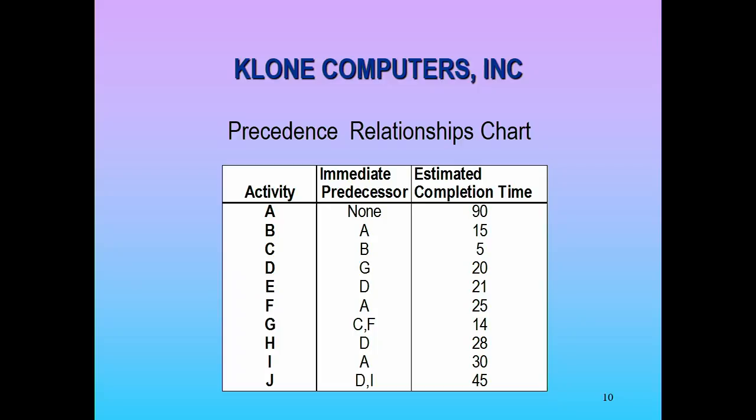C needs to wait for B to be done for it to start. D needs to wait on G. E needs to wait on D, and F needs to wait on A. G needs to wait on C and F to be complete. So these are like relationships, dependencies, if you will. Does that make sense? So this can't start until this one completes. C can't start until B is complete.